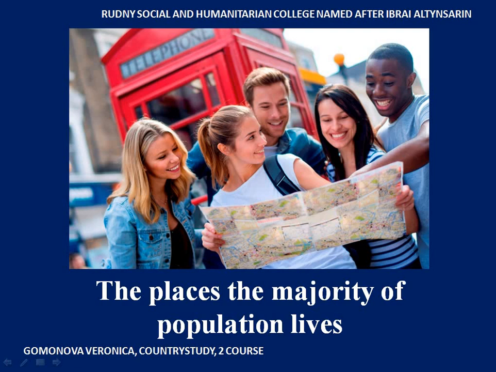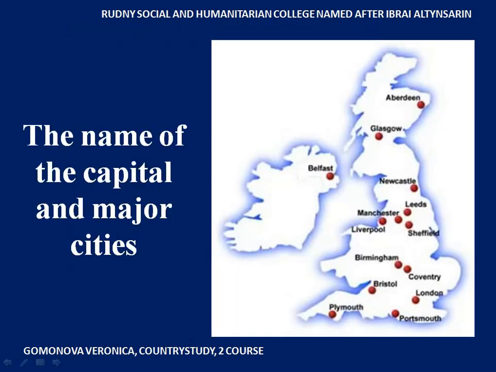What are the places the majority of the population lives? The majority of the population lives in the cities and metropolitan areas. What is the name of the capital and major cities?